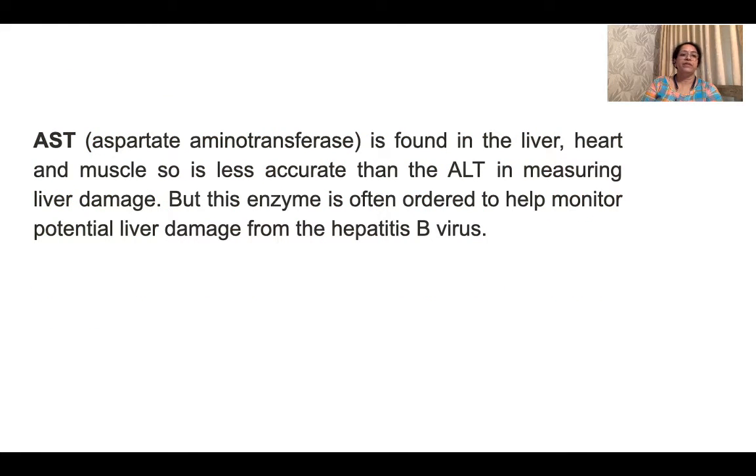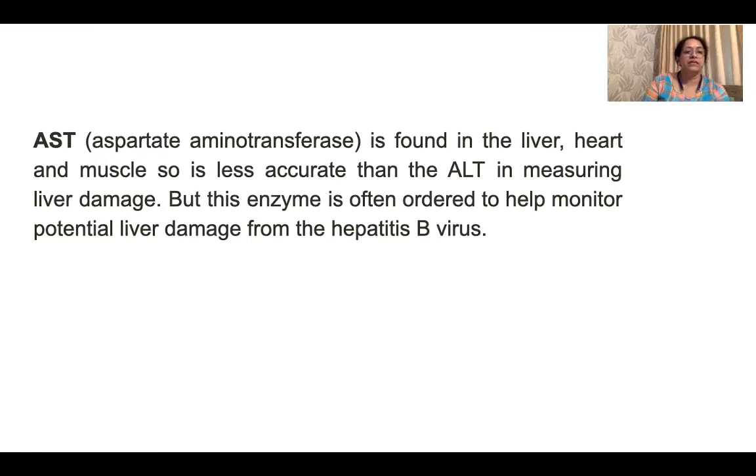The next enzyme is aspartate aminotransferase, the level of which is again tested, where this enzyme is found in the liver as well as the heart and muscles, because of which it is less accurate compared with the ALT measurements.